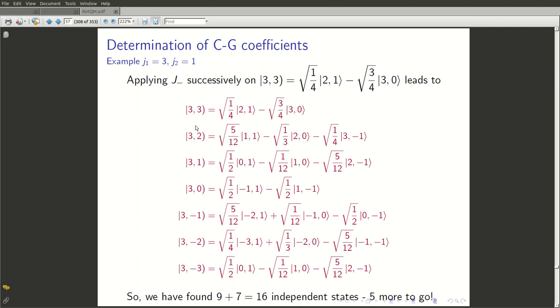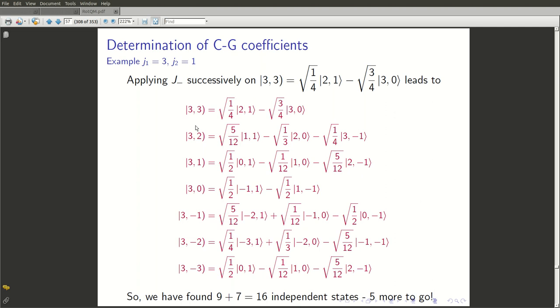So this actually says that all possible J values must run from 4, 3 and 2, and you can't get any more beyond that, which of course is completely consistent with the triangle inequality which we quoted. J1 plus J2 is the largest possible value, and the difference of J1 and J2, in this case 3 minus 1 equals 2, is the smallest possible value of J.